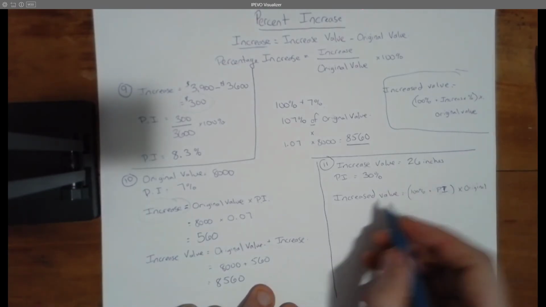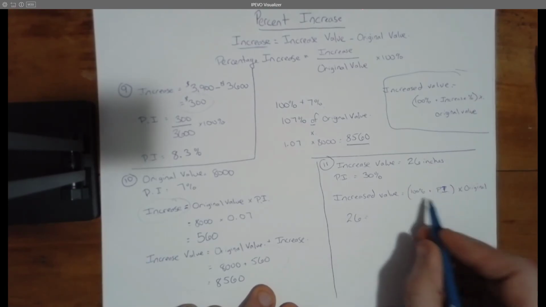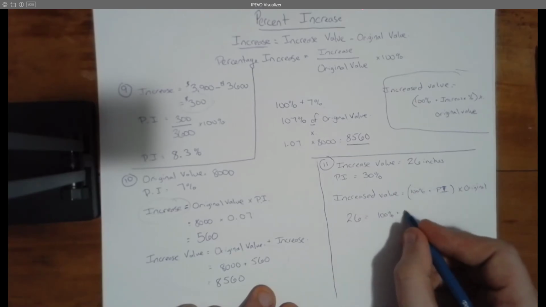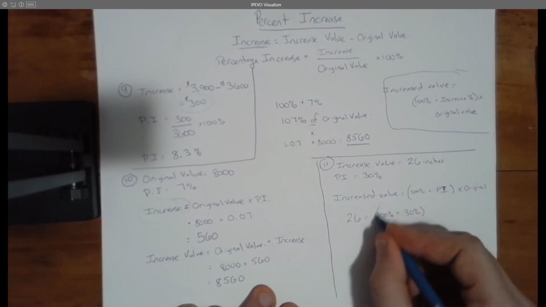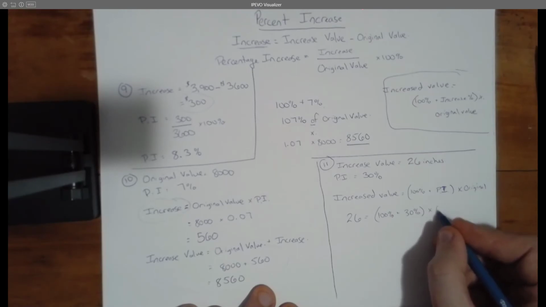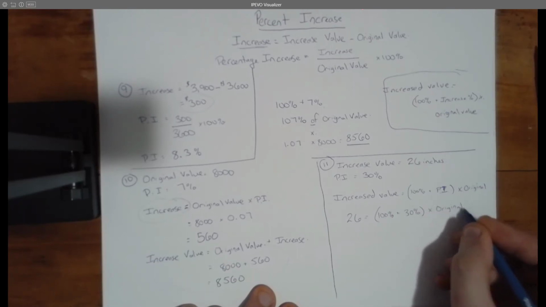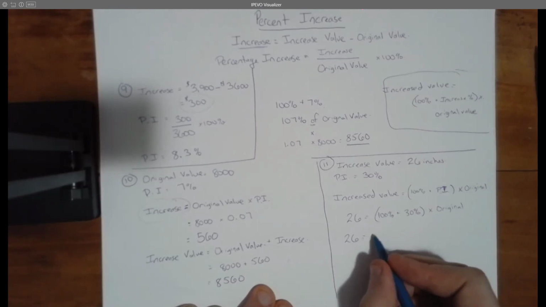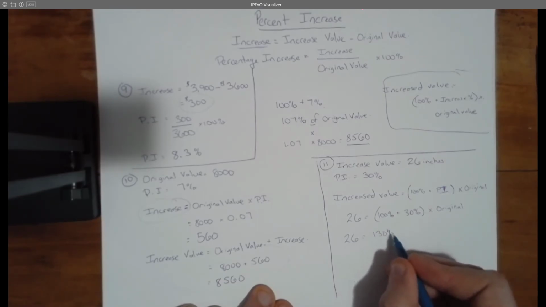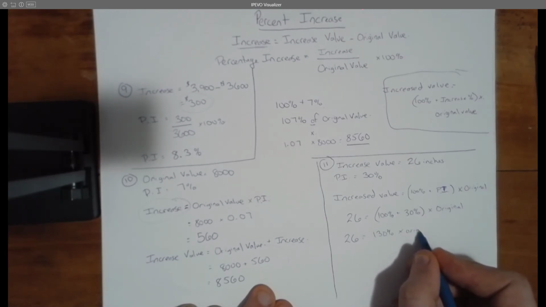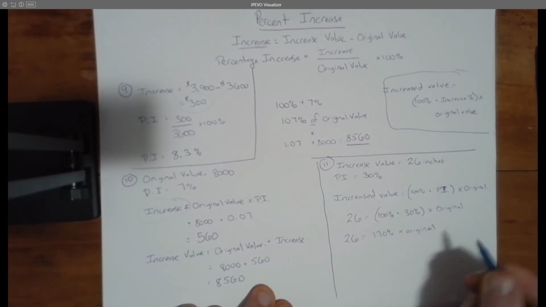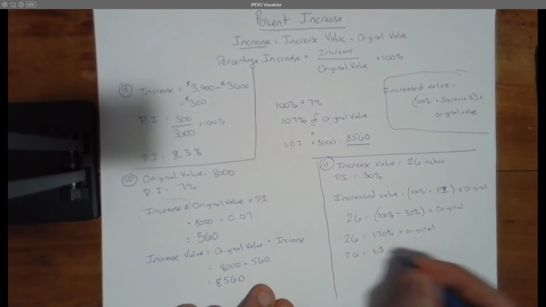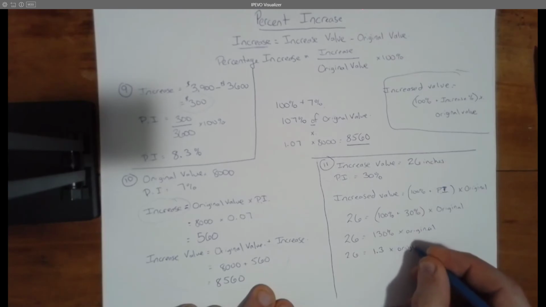So we know the increased value, it's 26. We know this is going to be 100% plus the percent increase, which is 30%. What we don't know is the original. That's what we're going to have to solve. So we're now at 26 equals 130% times the original. And percent we always want to work with as a decimal, so let's convert that. 26 equals 1.3 times the original.